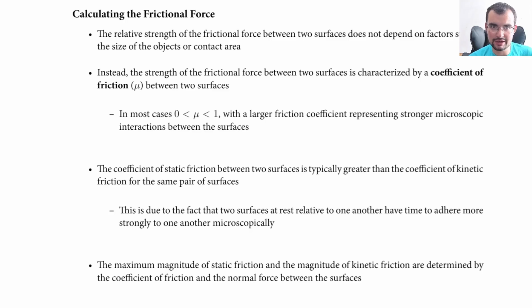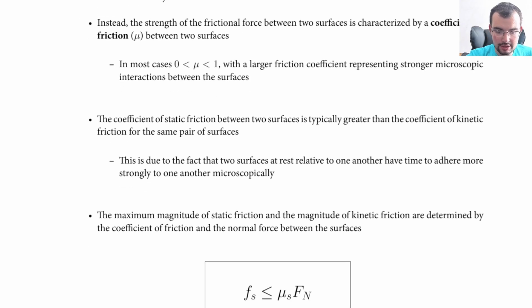You can think of it as almost two puzzle pieces fitting together, which happens at the microscopic level. Some surfaces are a better fit for each other than others. In most cases, these friction coefficients are between 0 and 1, with kinetic friction being less than static friction, which should make sense because that relative sticking together is probably stronger than the scraping opposition.